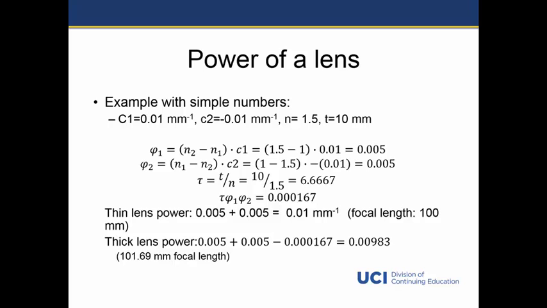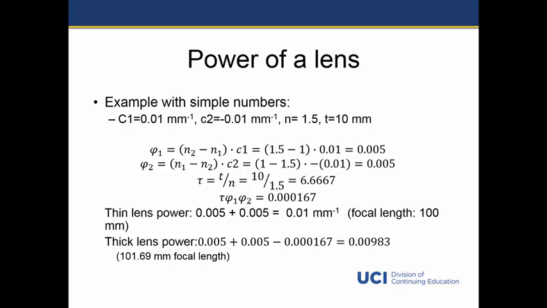If I include that thickness term, that cross term, then my system power is, rather than 0.01, 0.0098, which is effectively a 101.69 millimeter focal length. If this was my actual final design form, obviously that's a significant error.